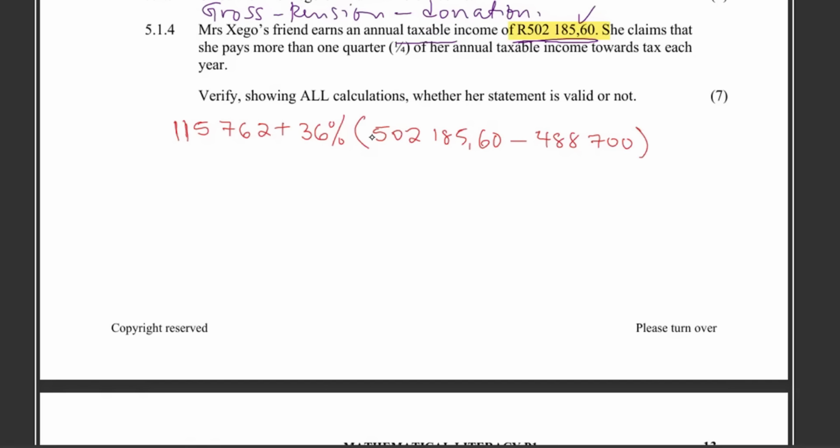Then you can put this in your calculator. Put that in your calculator.